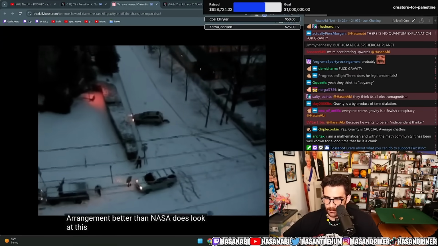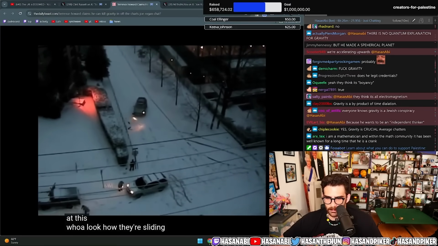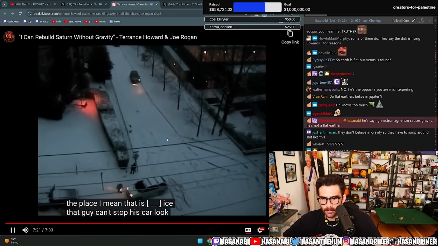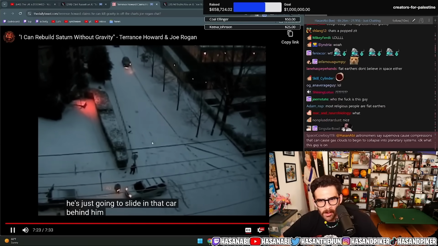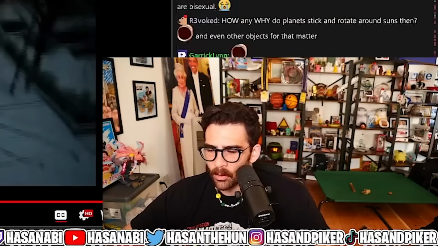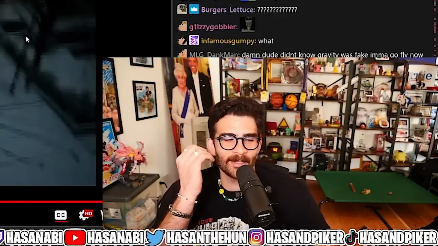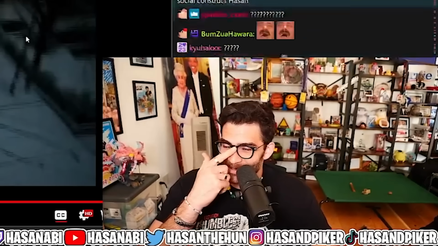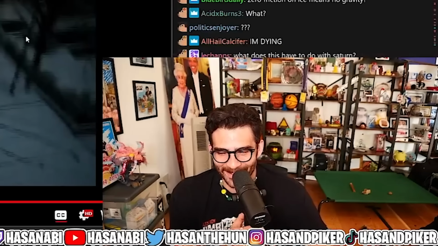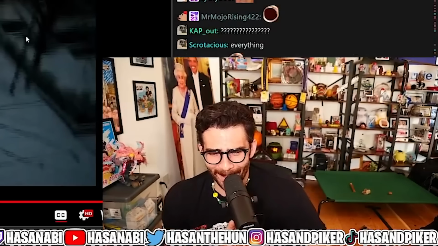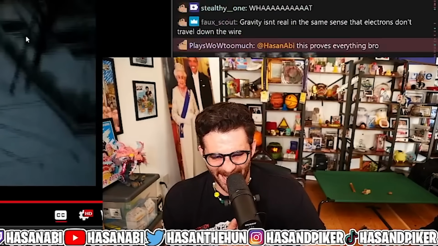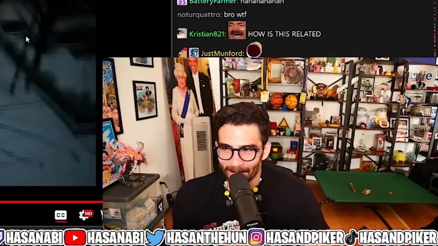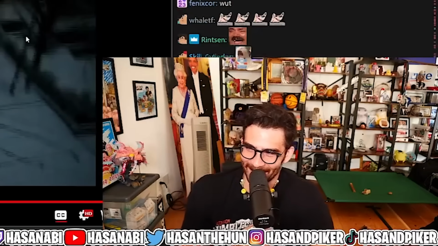Look at this. Whoa. Boom. Look how they're sliding all over the place. I mean, that is fucking ice. Yeah. That guy can't stop his car. Look, he's just going to slide into that car behind him. Oh my God. This is ridiculous. Is that Portland? What the fuck does this have to do with it? This is the most Joe Rogan clip of all time. Bro, none of this is connected to one another. What are you saying?